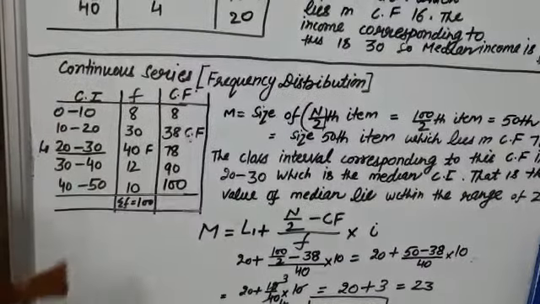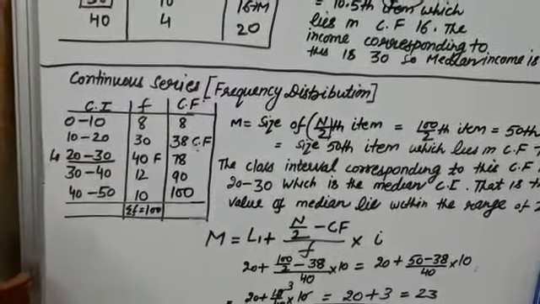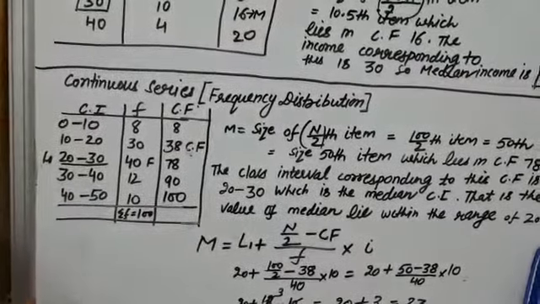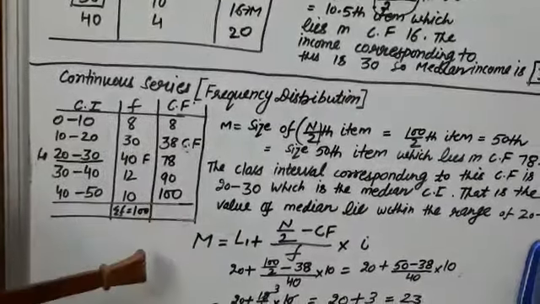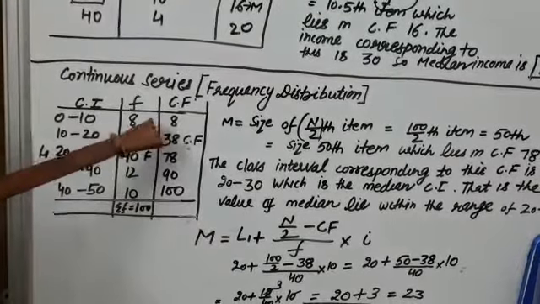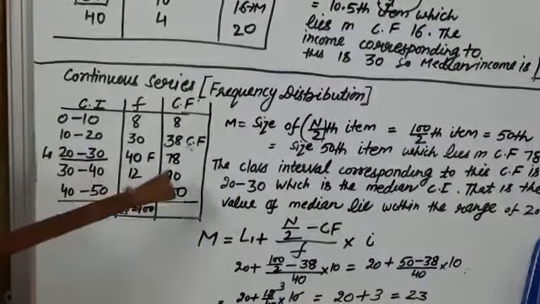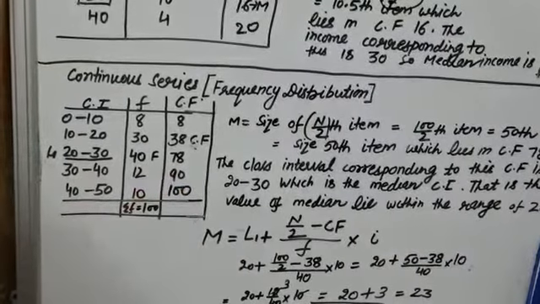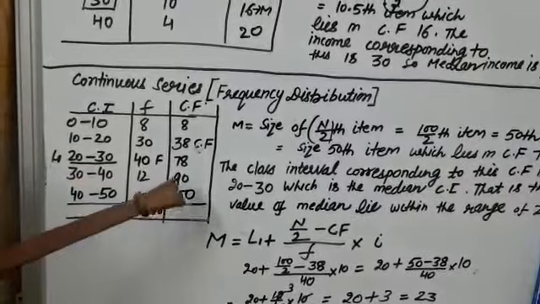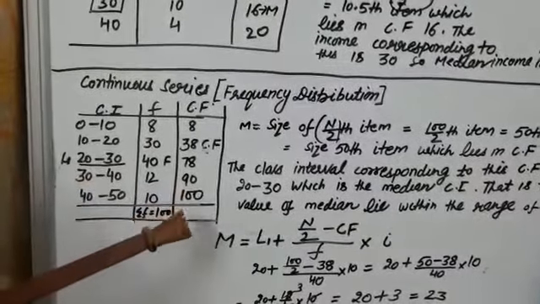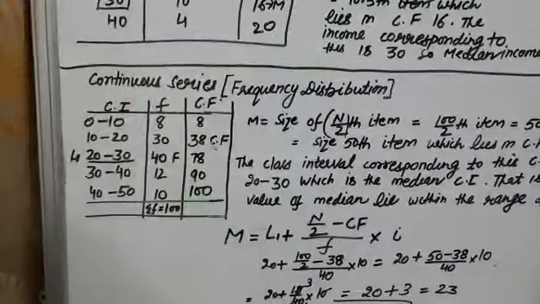Frequency is given as 8, 30, 40, 12 and 10. Again in this case we will calculate cumulative frequency, which is 8, 8 plus 30 is 38, 38 plus 40 is 78, then 78 plus 12 is 90, 90 plus 10 is 100. Sigma f is also equal to 100.